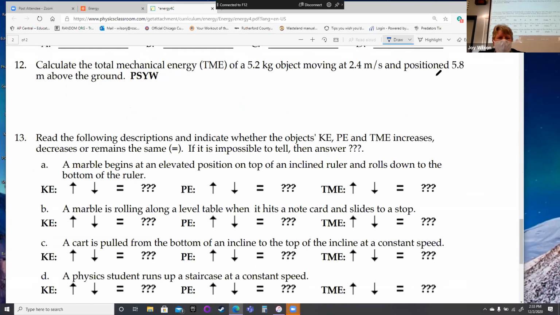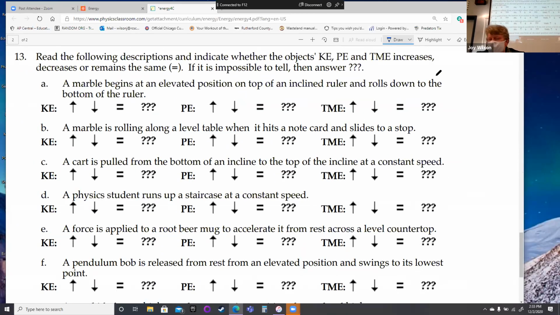Okay. And let me show you how to do these. Because we're fixing to talk about kinetic energy and total energy. So on these questions, number 13, you're going to tell me, does the kinetic energy go up, down, stay the same? Potential energy go up, down, stay the same.